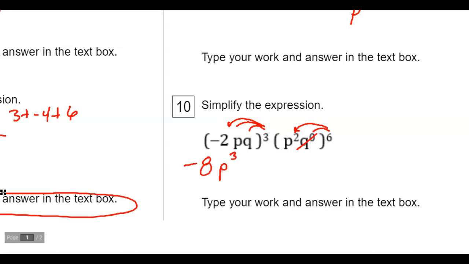Then I have p cubed, q cubed, because I'm doing 3 times 1, 3 times 1. But then here I have p, 2 times 6, p to the 12th. So now I have to do a second step, combine my p's, and that becomes -8 p to the 15th q cubed.